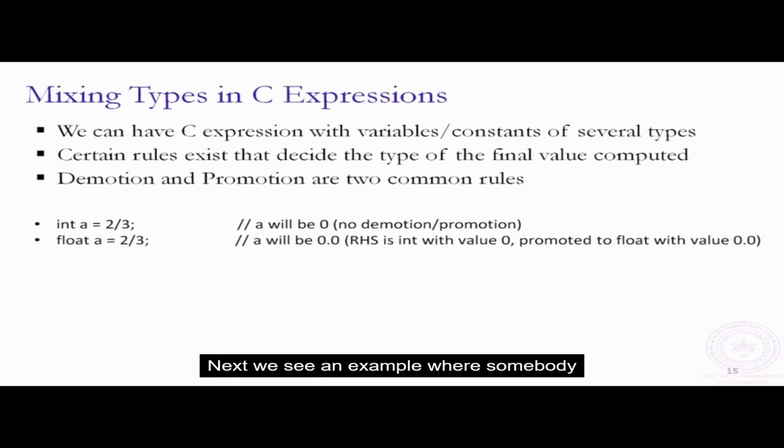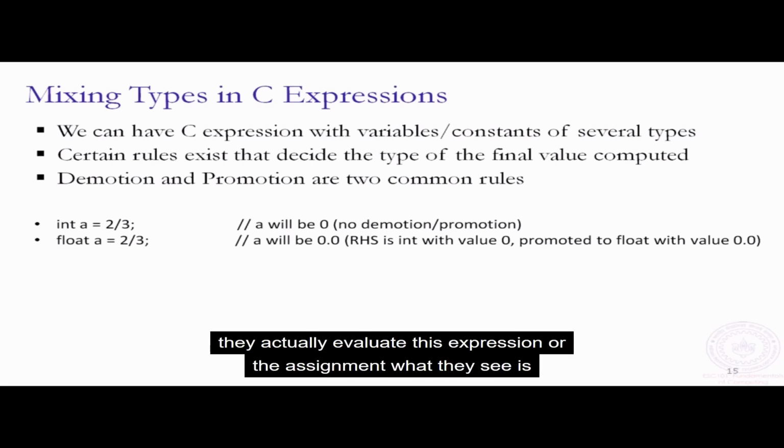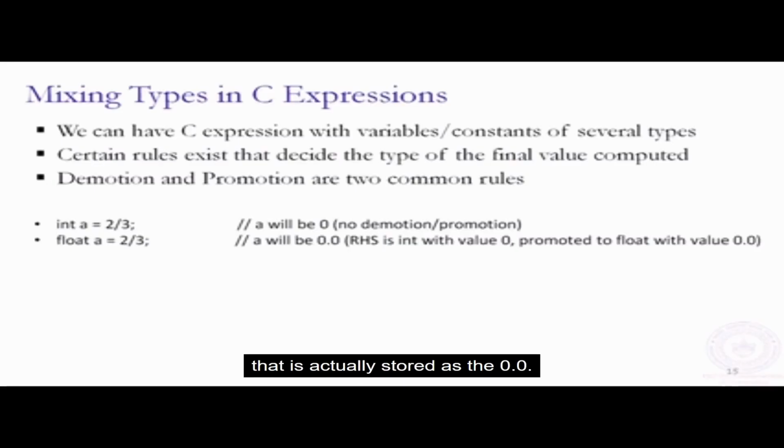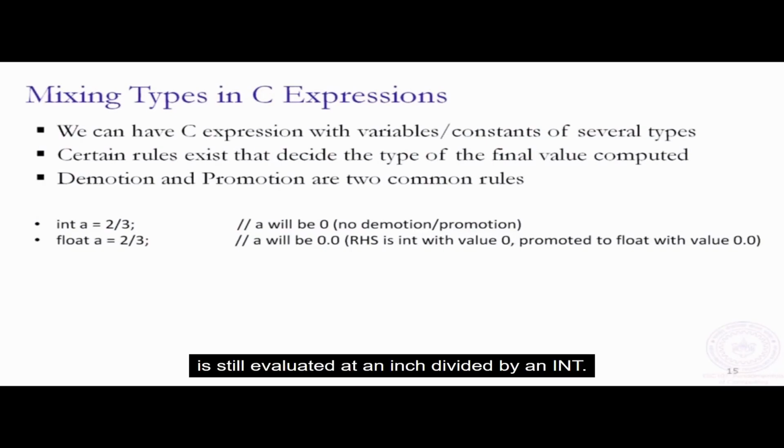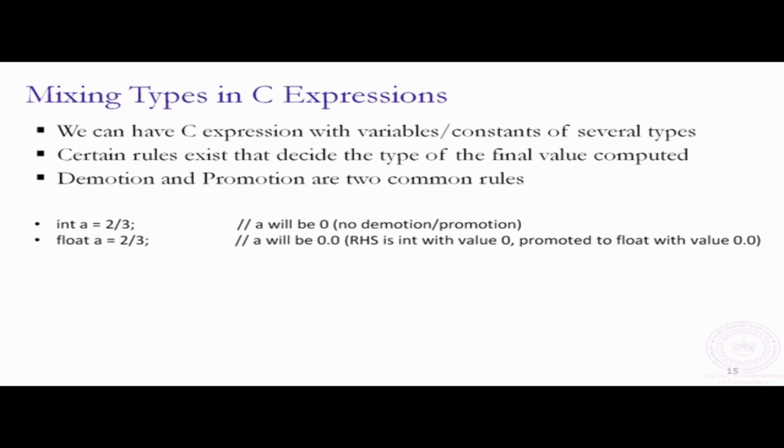Next, we see an example where somebody says, well, I want a decimal value. So they say float a = 2/3, but when they evaluate this assignment, what they see is that a is actually stored as 0.0. Why is this? This is because the right-hand side is still evaluated as an int divided by an int, and when you have int divided by int, the result is also int.